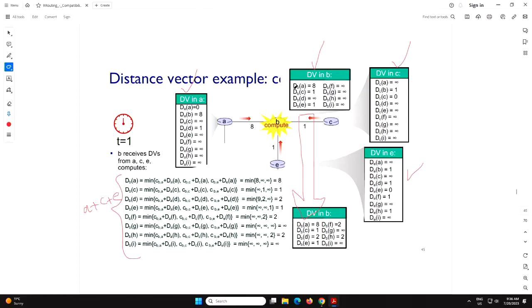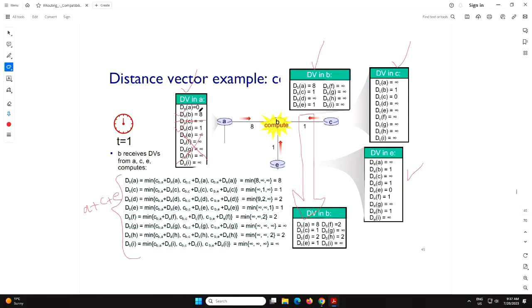So it says that I can go to A with cost of 8, right? And A is also telling B that I can go to B with cost of 8, right? Remember that A can only give its estimate to B and D, because everything else is infinite, right?